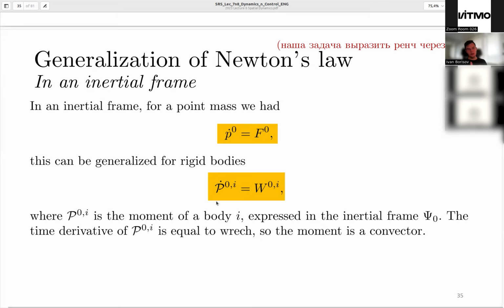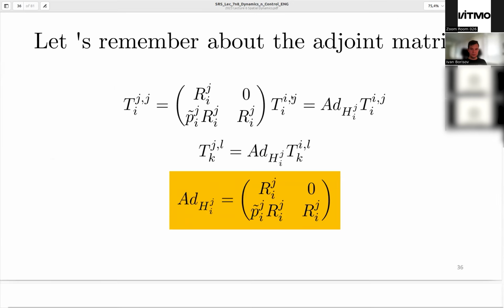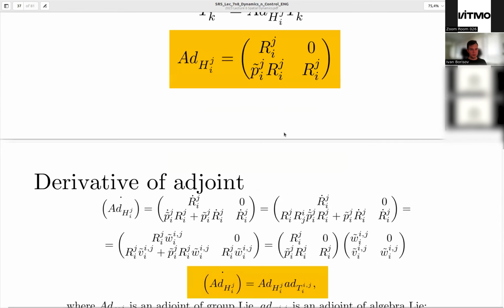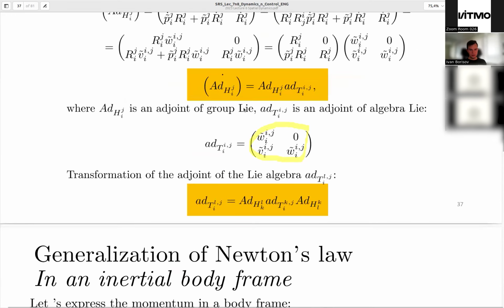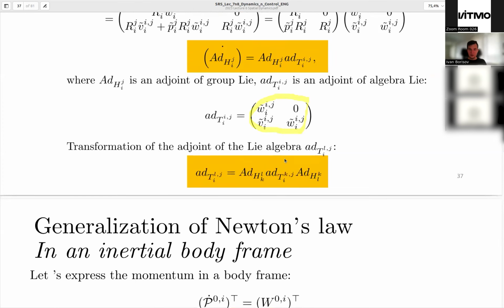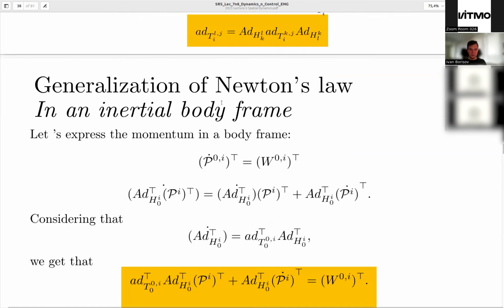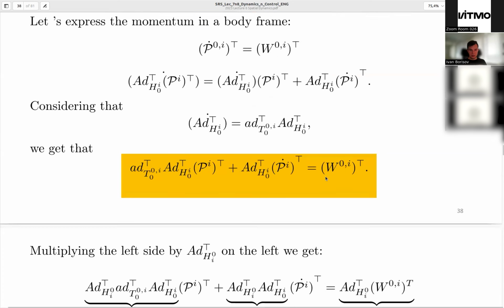But if you would like to derive it in a body frame, you need to do this adjoint matrix multiplication. So here there is a derivation. I do not want to spend time on that. I believe it's another half an hour. We do not have this. But if you proceed step by step using the slides, you will get something like this.